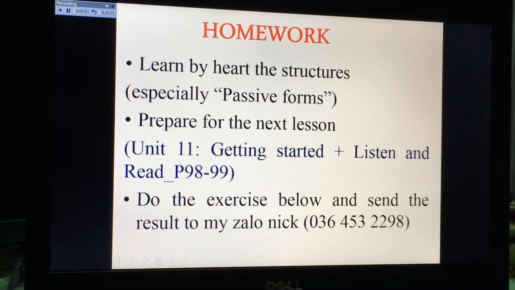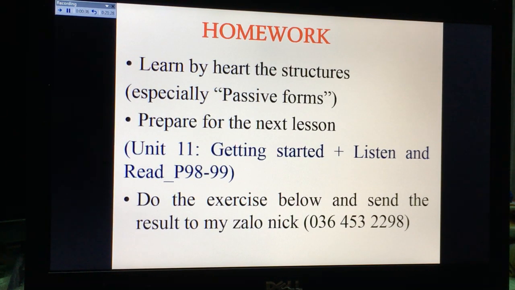Here in the lesson, at home, you try to learn by heart the structure, especially passive forms, and you prepare for the next lesson, Unit 11, Getting Started, with listen and read on page 19 and 98 and 99. And you do the exercise below and send the result to my Zalo with the telephone number 036-453-2298.